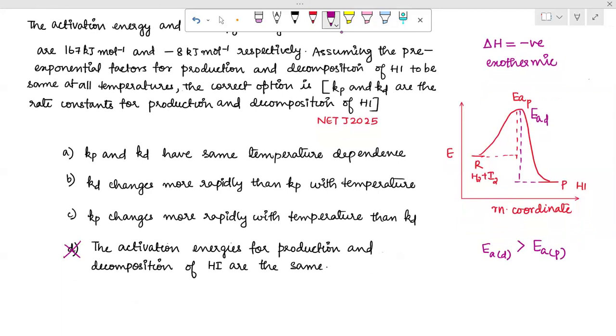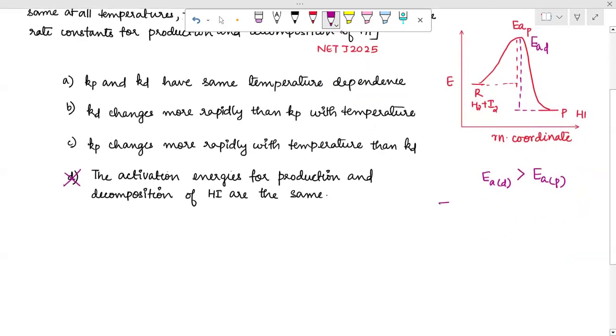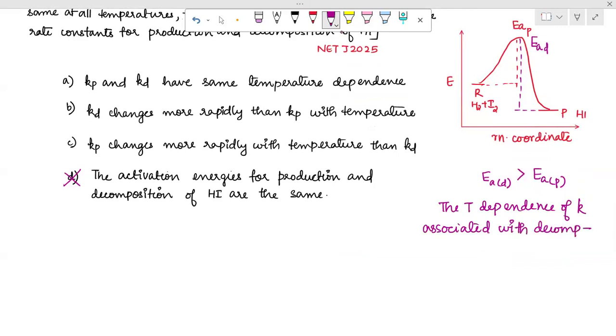One concept is if the activation energy of the decomposition is higher, then the temperature dependence of the rate constant associated with decomposition will be higher. This is one concept that you have to know.